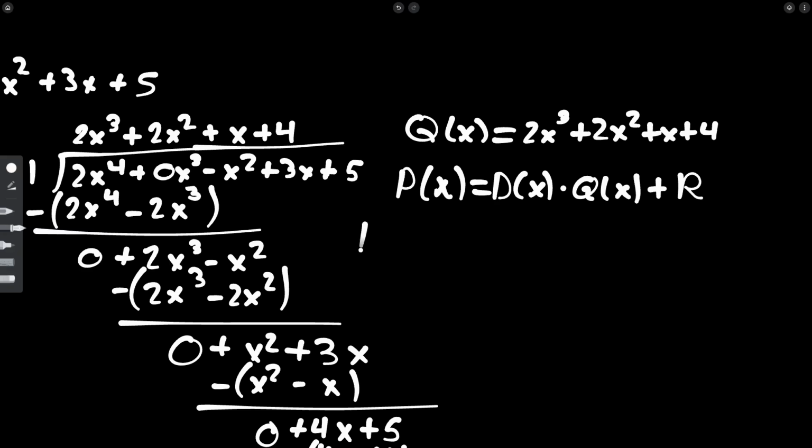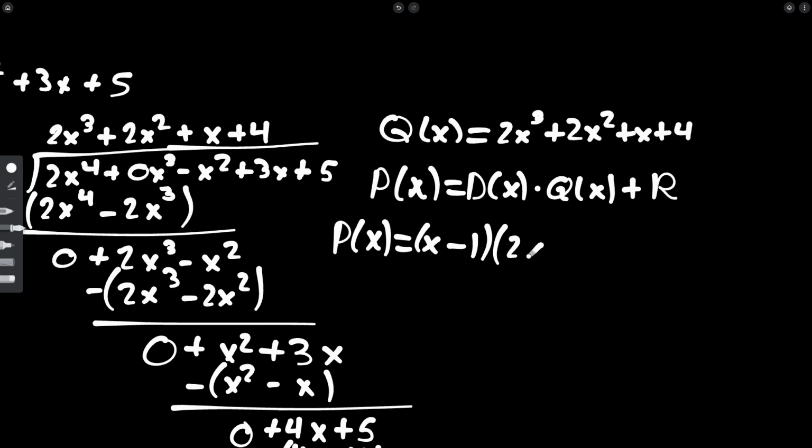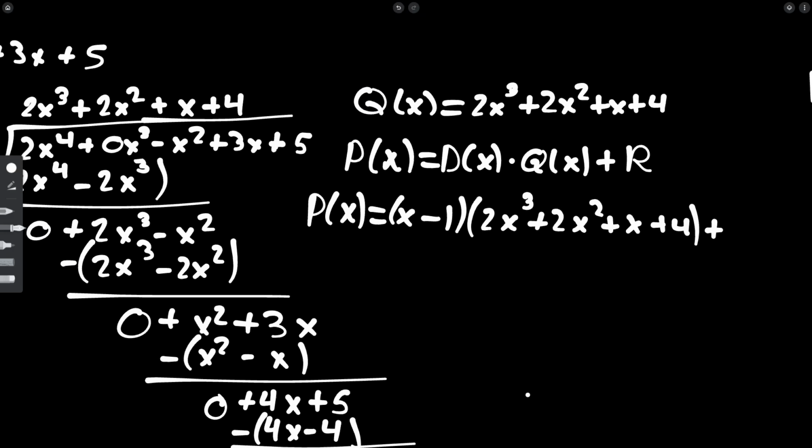So that would look like this. P of x equals our d of x, which we know was x minus 1, times our q of x, plus our remainder at the bottom, which we know is 9. And there you go.